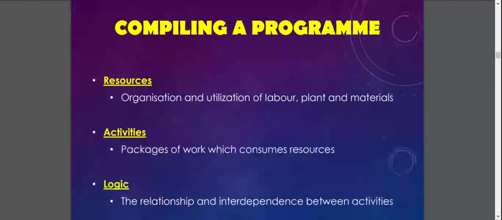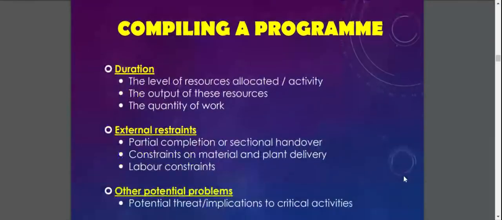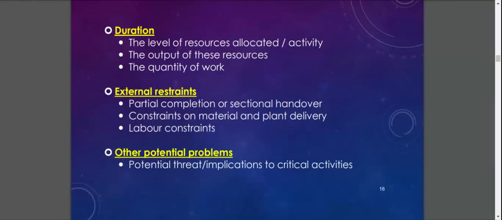So when you are compiling a project, of course, other things that you have to know are the duration, so the level of resources allocated to an activity, the output of these resources, and the quantity of work, so how long each task will take.